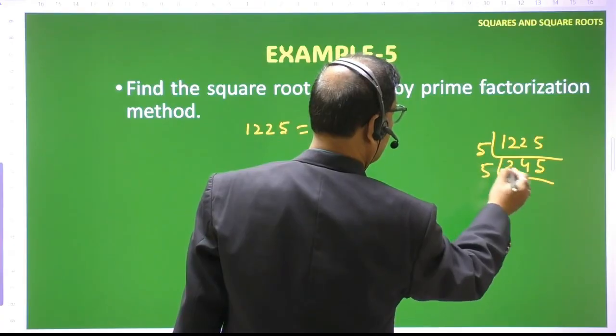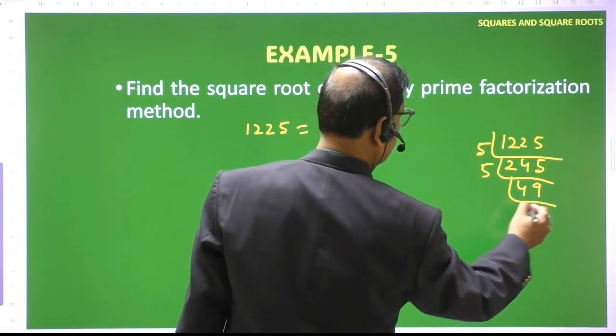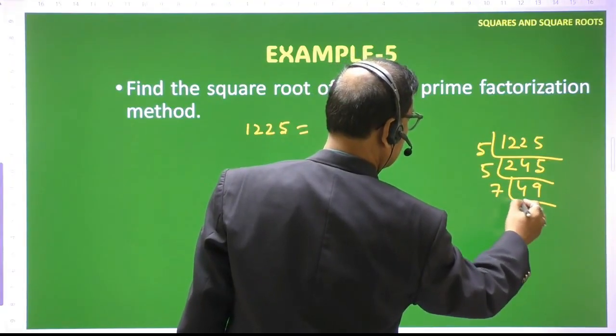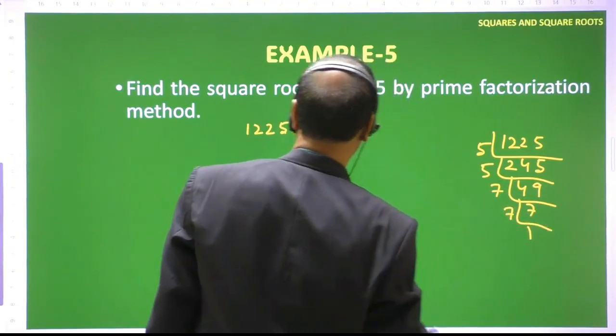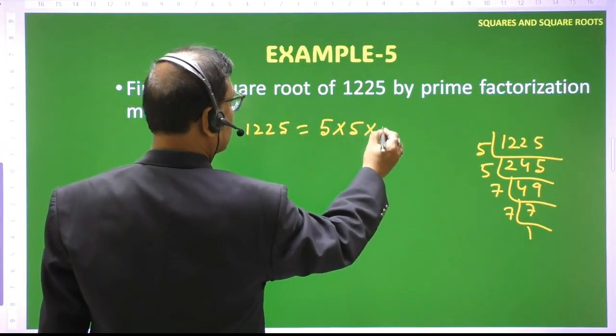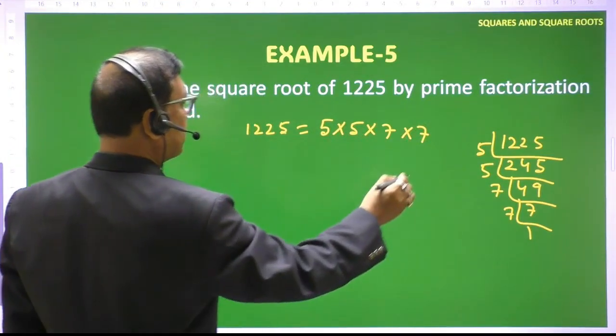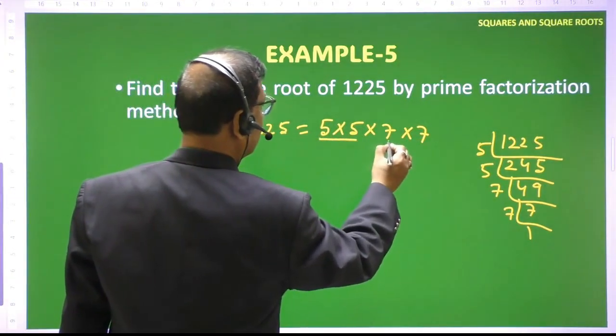Again 5: 5 fours are 20, 5 nines are 45. Now 7. So 5 into 5 into 7 into 7. These are the prime factors.